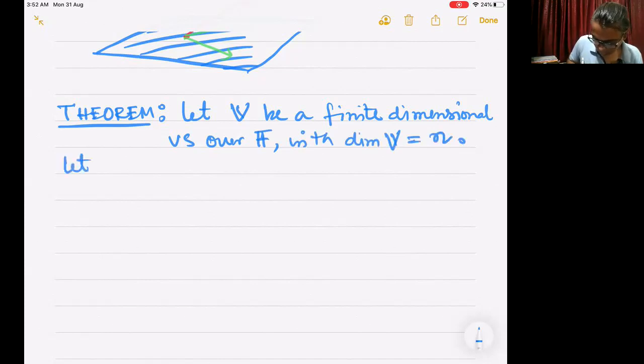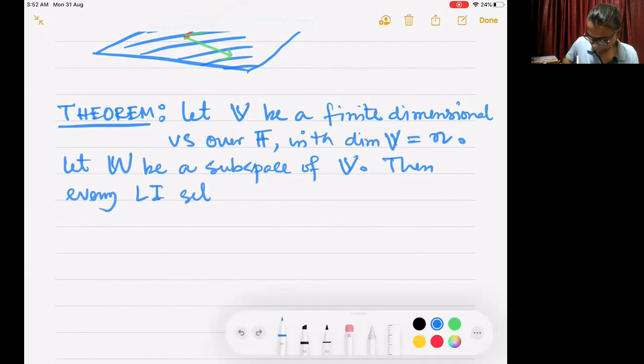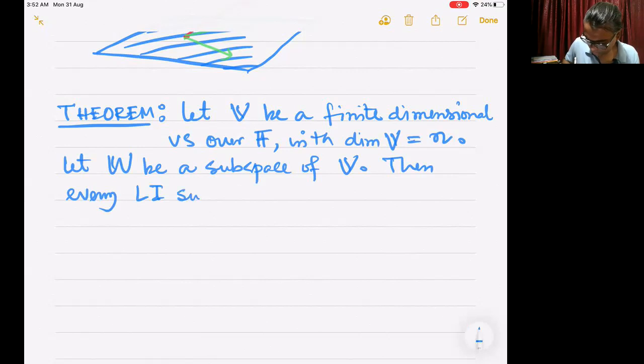Let W be a subspace of V. Then every linearly independent subset of W is finite.